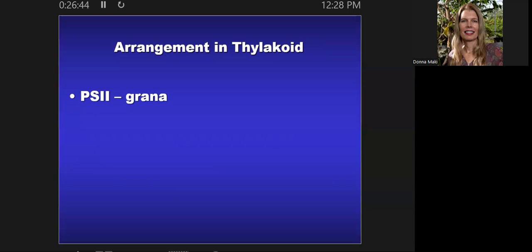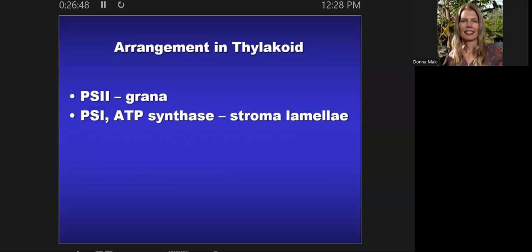On the other hand, you see photosystem 1 and the ATP synthases, they seem to pepper and populate the stroma lamellae area, which is a relatively unstacked region. So it's kind of clustered. And then another big transmembrane complex is the cytochrome B6F. When they study it, it looks like it's pretty evenly dispersed throughout the thylakoid.